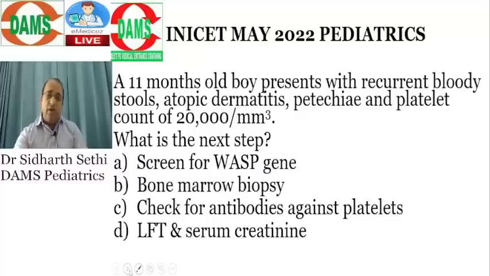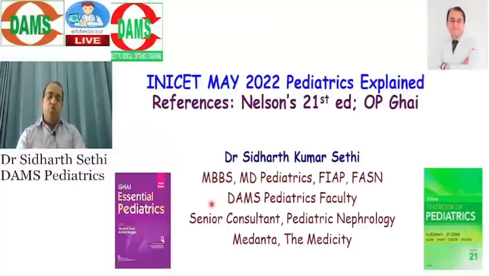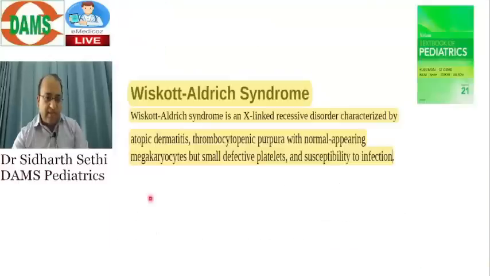Today I will be talking to you with reference to all the important textbooks. Remember, according to Nelson's textbook, Wiskott-Aldrich is an X-linked recessive disorder with atopic dermatitis, thrombocytopenia and normal-looking megakaryocytes, but these are small, defective platelets.